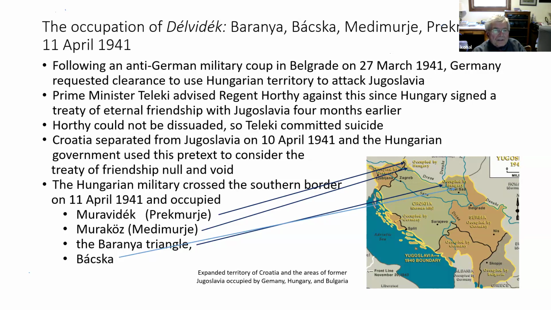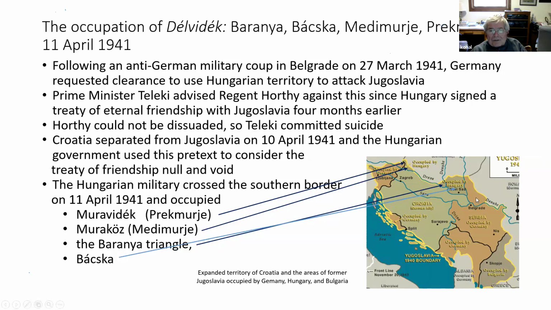Muravidek, Prekmurje, and Muraköz, they're in Slovenia right now. They occupied the Baranya Triangle, which is a geographical area outlined by the Drava River and the Danube, and then the Bachka area. The Germans retained possession of the Banat area.